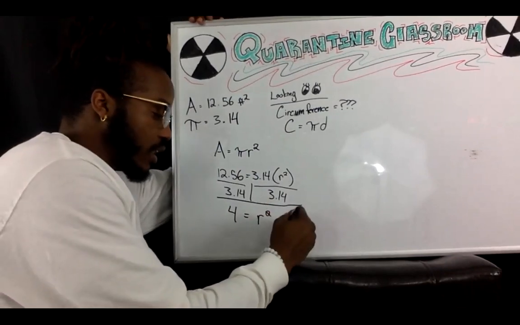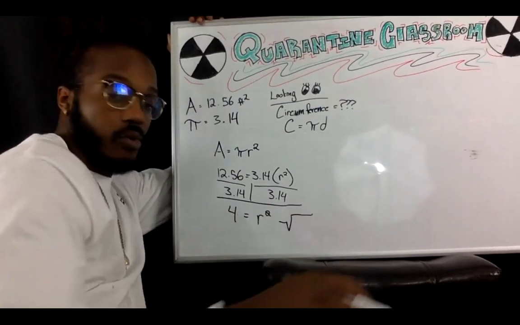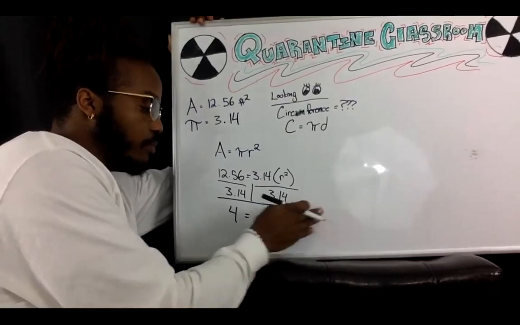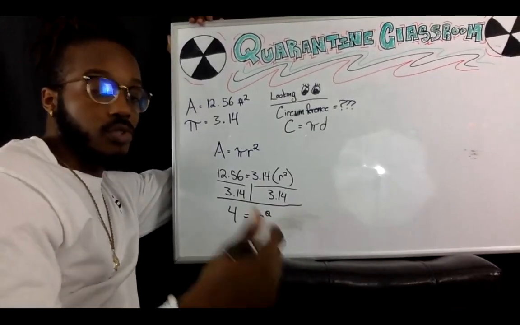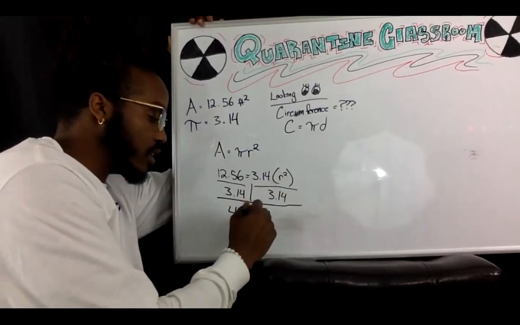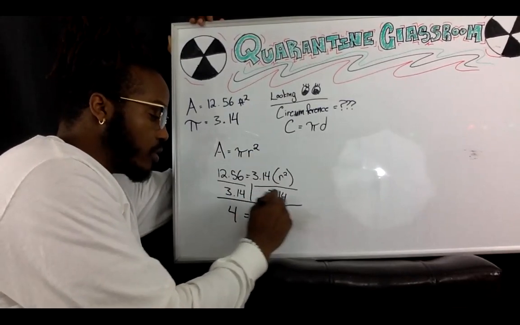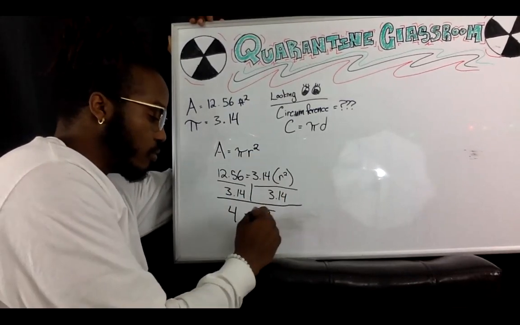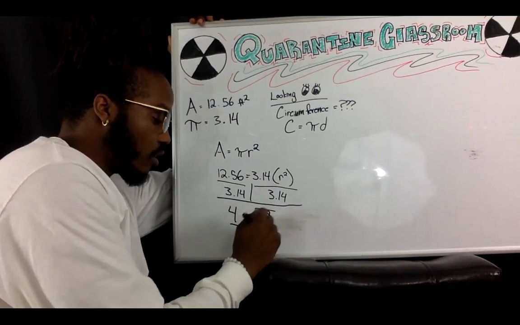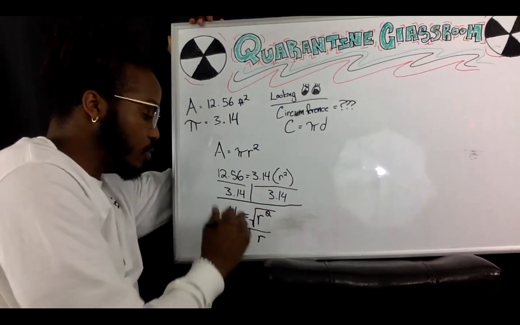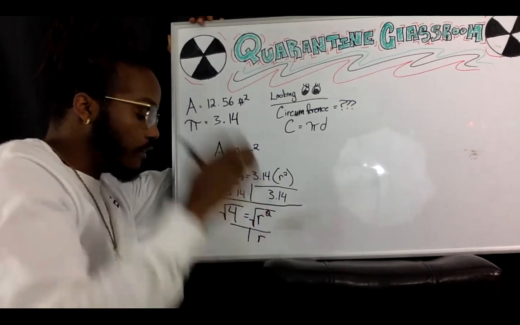Because we're still isolating the variable, we do that by using the opposite operation. That means we take the square root of r squared, which ends up just being r, is equal to the square root of 4.